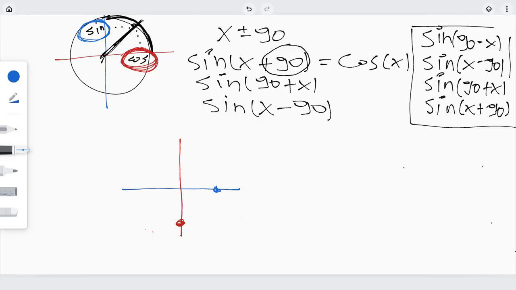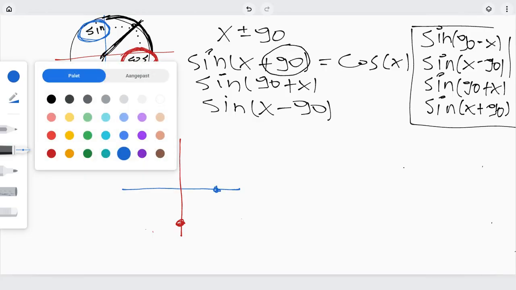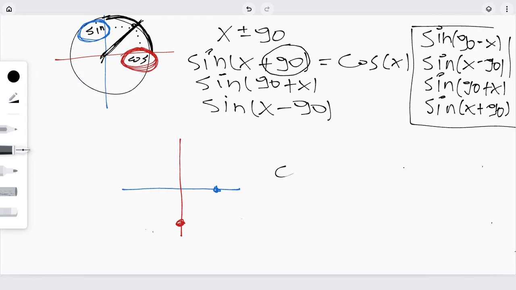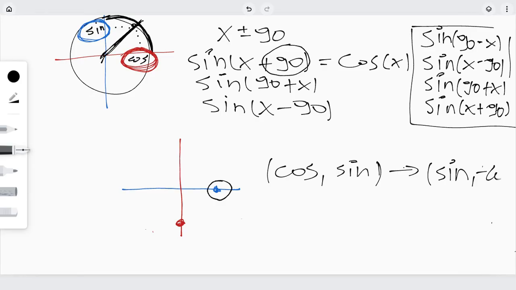It is now here. So again, if we have the original point expressed in terms of cosine and sine, we now see that on the x-axis we have a sine. And on the y-axis we now have a cosine, but it also has a negative sign, so it's negative cosine.